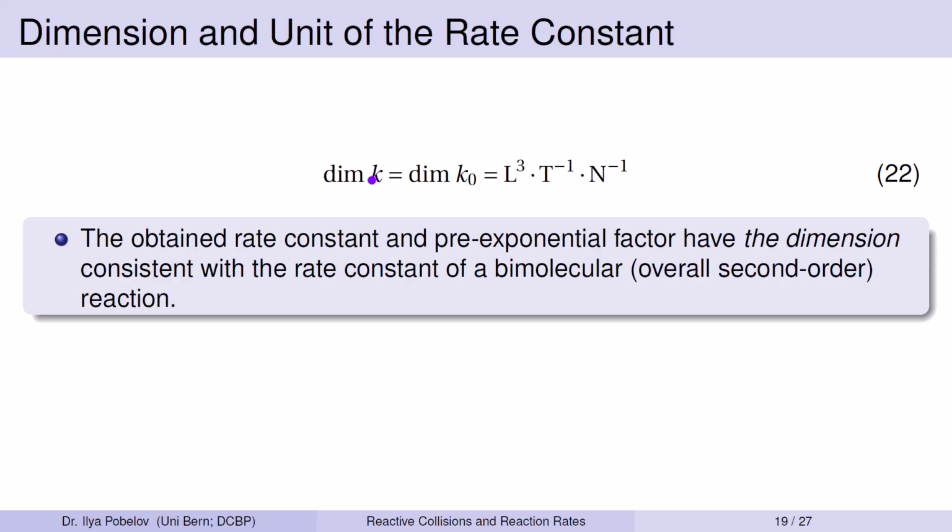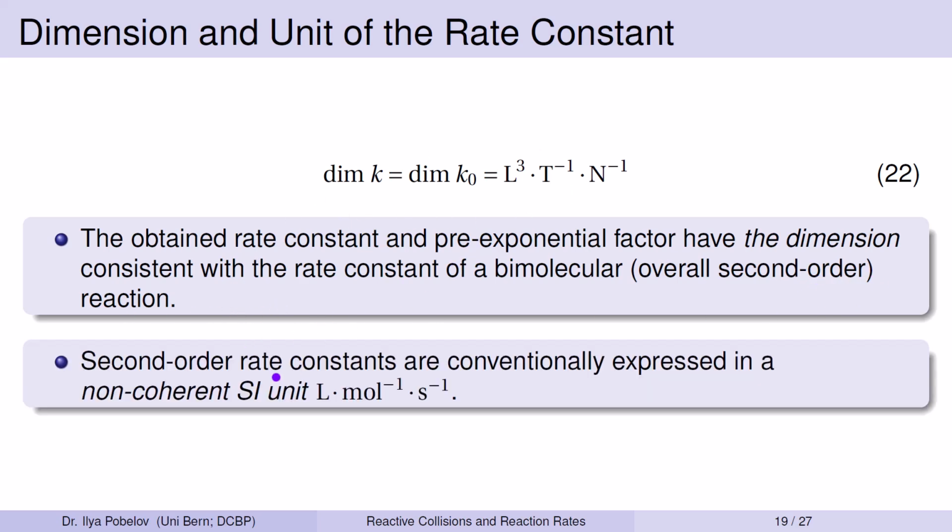The obtained rate constant and pre-exponential factor have the dimension of length to the power of 3, that is, volume per time per amount of substance, which is dimensionally consistent with the rate constant of a bimolecular overall second-order reaction.